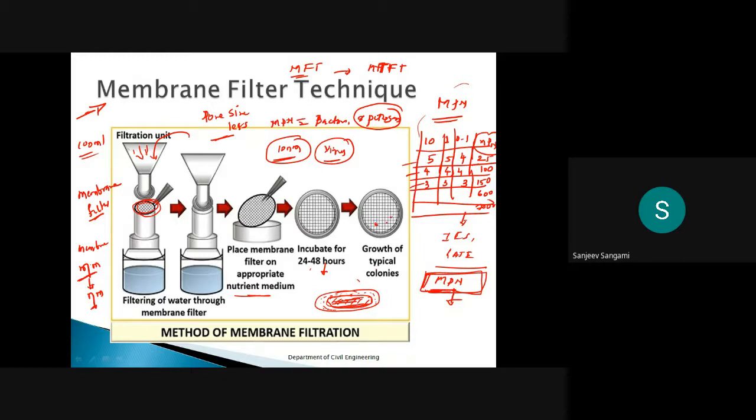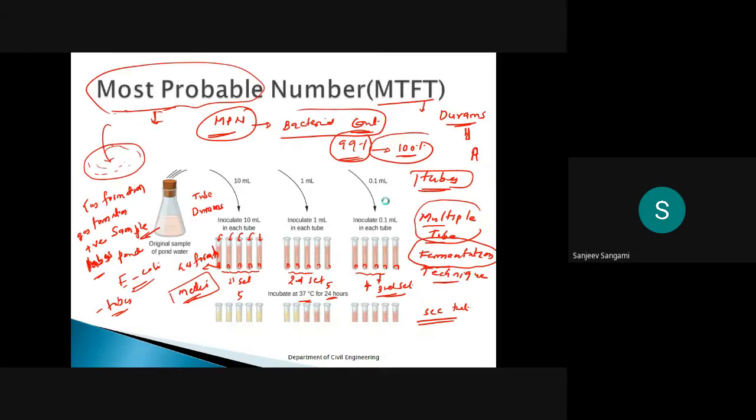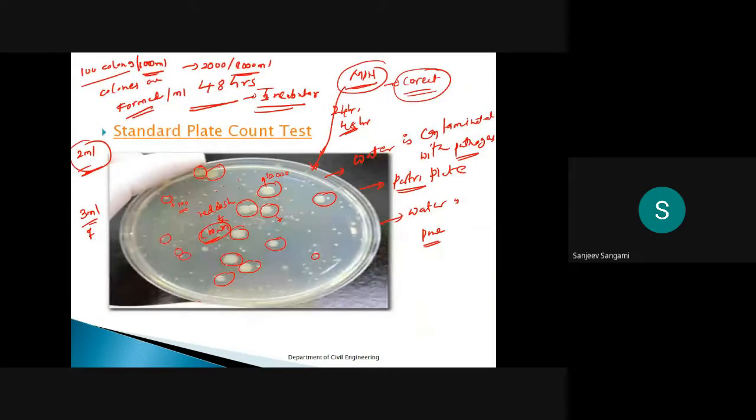Like this you can observe. Once you take it out, you can observe small colonies. It will be like this, very simple. But in the standard plate count, you directly apply the water sample to the Petri plate where the media is there.